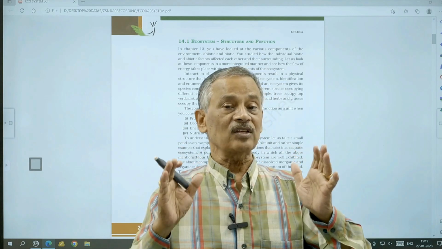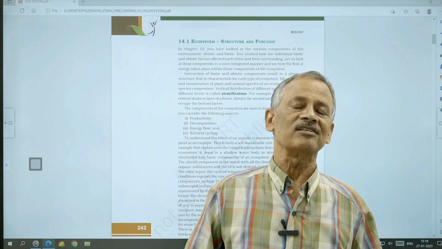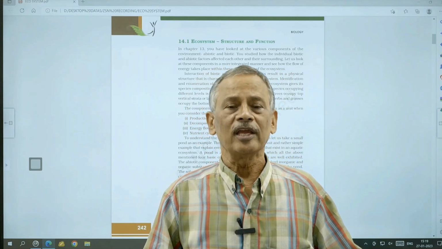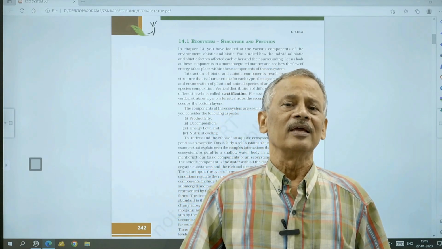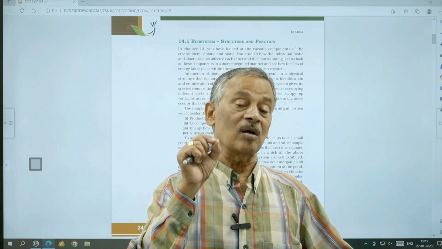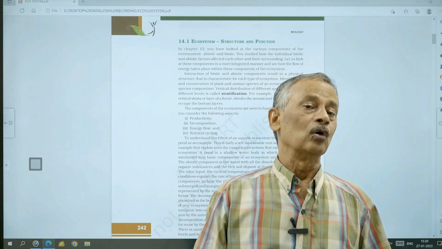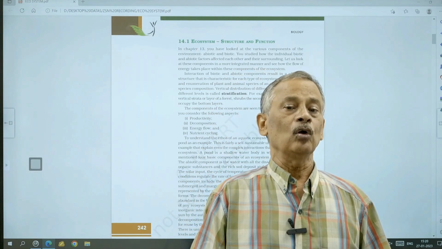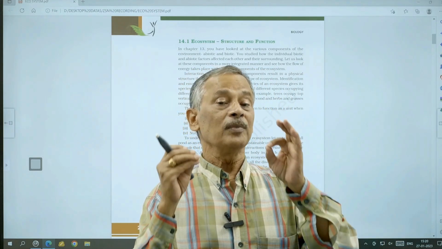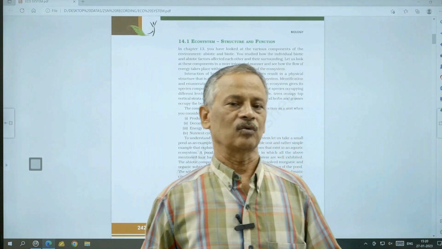So, since the factors are stable for a comparatively longer period of time, we can study that pond in detail. So, we take pond as an example for ecosystem. Remember, pond is a typical example of a stagnant freshwater ecosystem. So, the pond comes under the limnetic type of ecosystem, that is stagnant freshwater ecosystem.